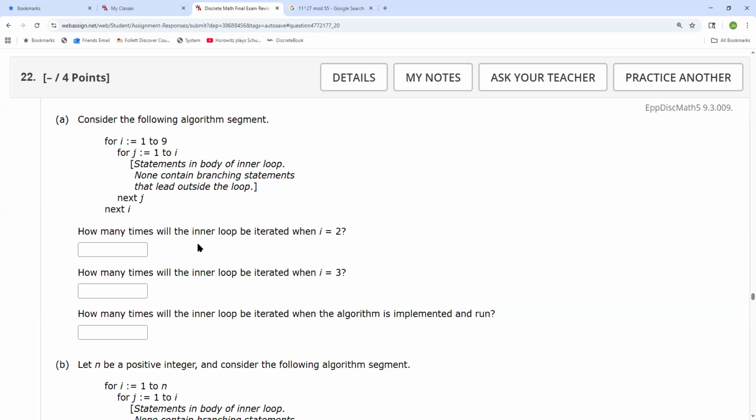How many times will the inner loop be iterated when I is equal to 2? So look carefully at this. For j equals 1 to I, how many times will that loop be iterated when I equals 2?